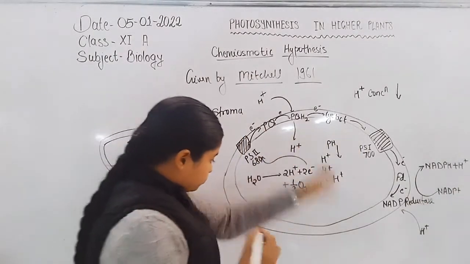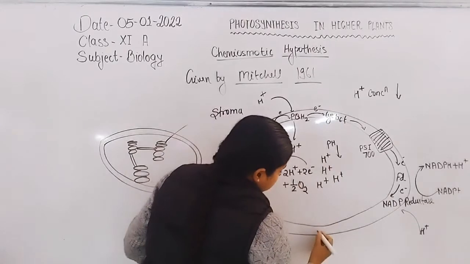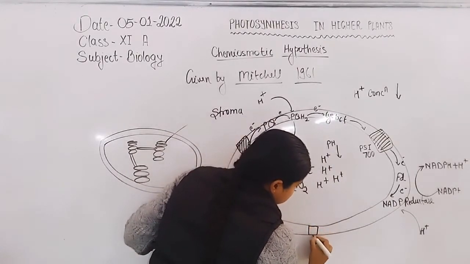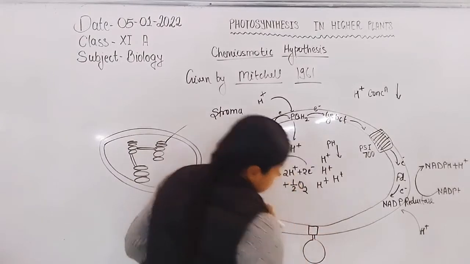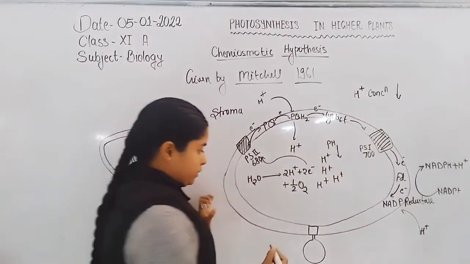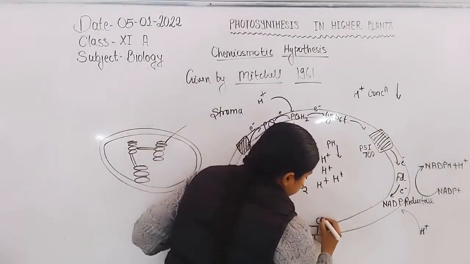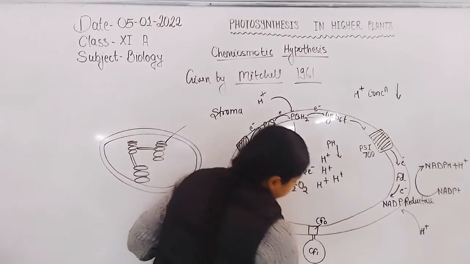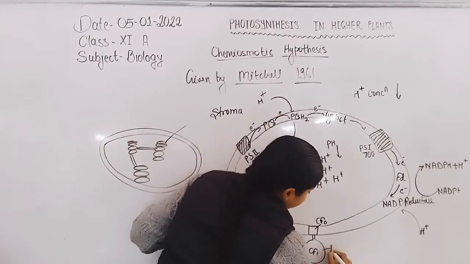Now here again, the CFOF1 particle is situated in the membrane of the thylakoid. Here is the CF0 particle and the CF1 particle. The CF1 particle consists of the ATPase enzyme.